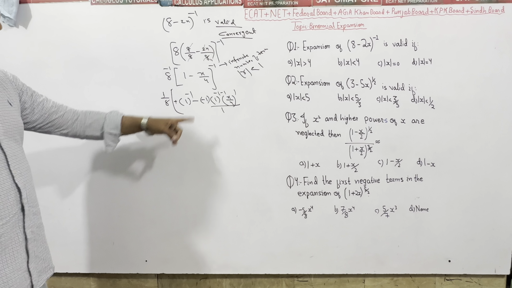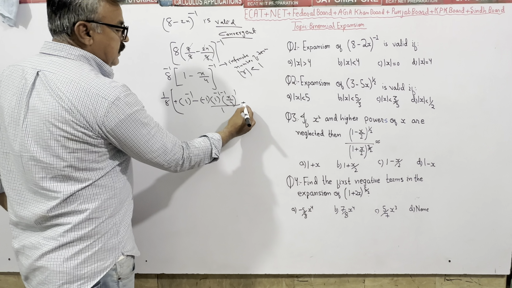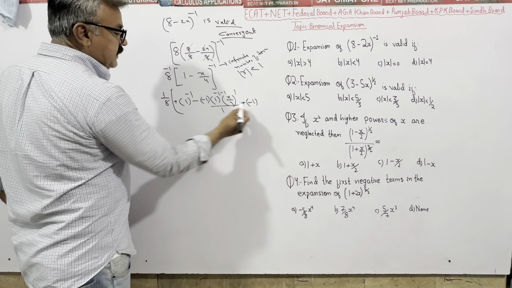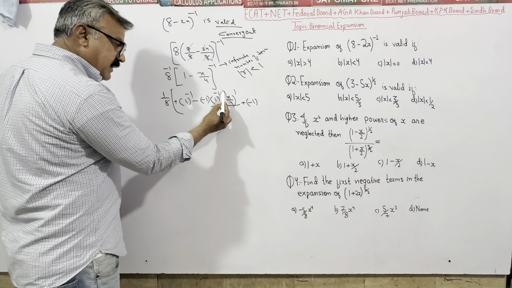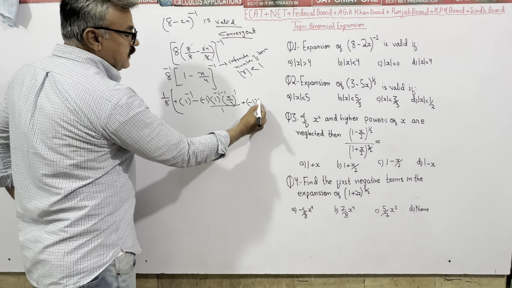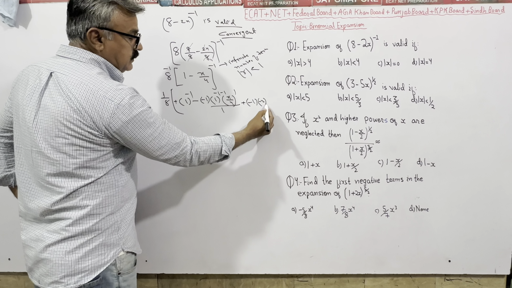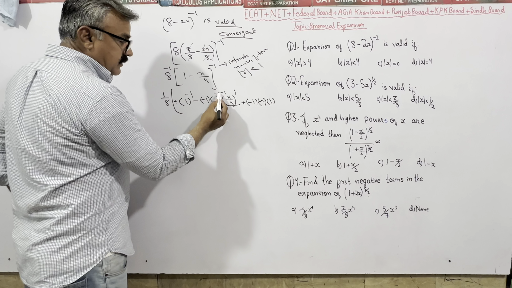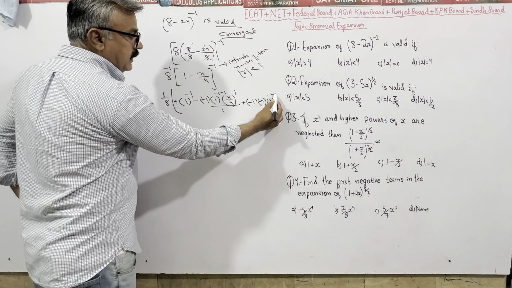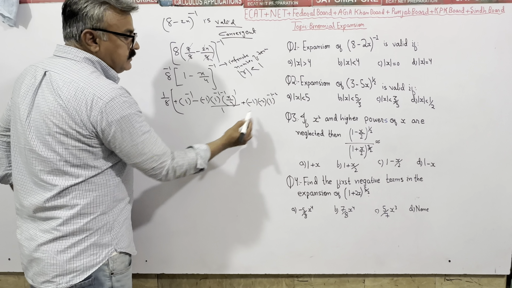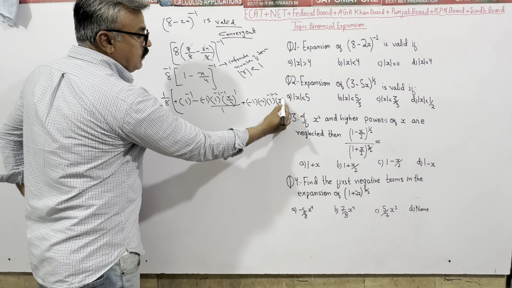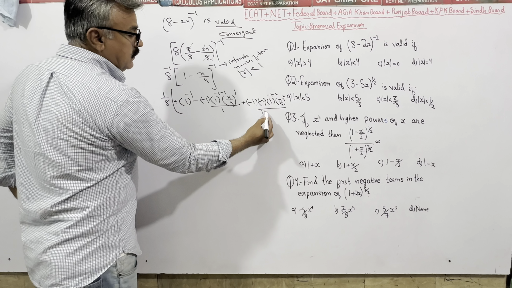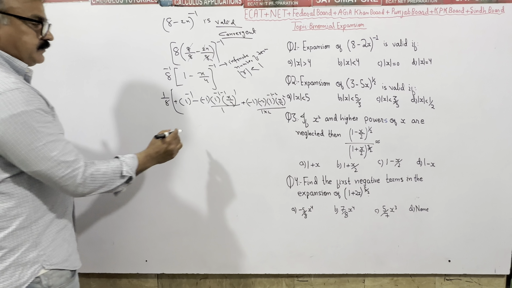Positive, negative, again positive. We have dragged the power down, that's minus 1. Now minus 1, it's minus 2. Drag this power down as well, make it coefficient minus 2. Now subtract 2: minus 1, minus 2, raised x over 4 squared over 1 into 2.